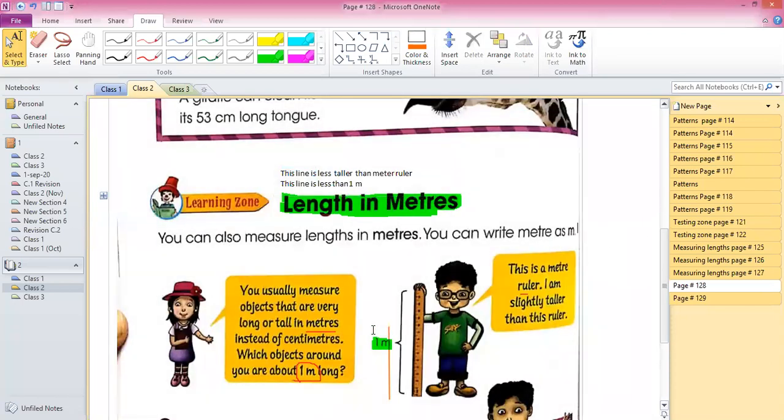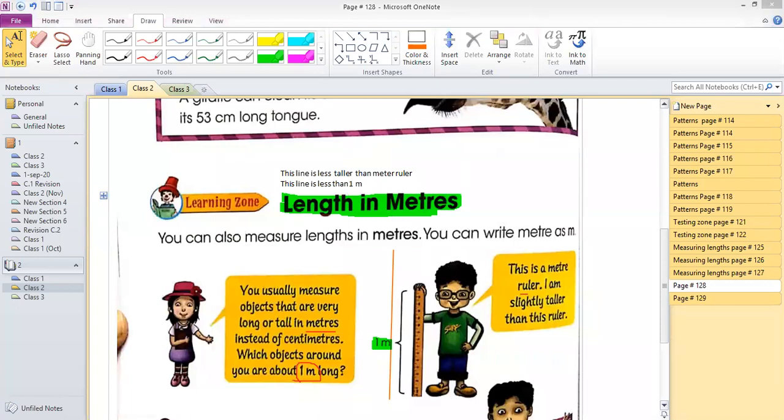Consider this length. This is the length of the line. Now you have to check the line and tell me. I am going to give you a fill in the blanks in the chat box to everyone. Then you have to reply to me.